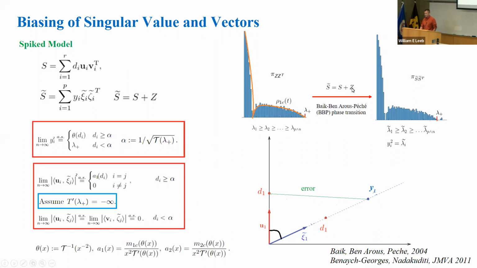When we have the noise matrix Z and we add the signal, where we assume this is a spike model with a low rank r and with singular values d i, left singular vectors and right singular vectors, tilde S is the signal plus the noise. There's a very famous phenomenon called the BBP phase transition.